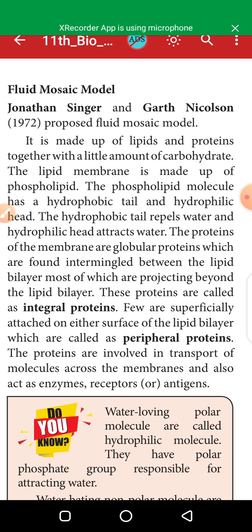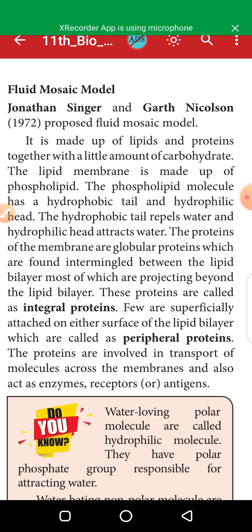The lipid membrane is made up of phospholipid, and the phospholipid molecules have a hydrophobic tail அப்புறம் hydrophilic head. The hydrophobic tail repels water and hydrophilic வந்து என்ன பண்ணும் attract water. The proteins of the membrane are என்ன ஷேப்பில் இருக்குமா உருண்டை globular protein which are found intermingled between the lipid bilayer, most of which are projecting beyond the lipid bilayer.